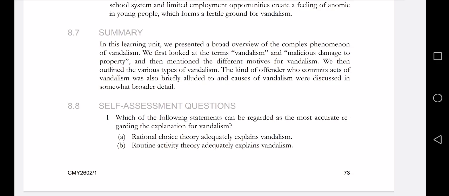Routine activity theory adequately explains vandalism. Intrapsychic theory adequately explains vandalism. No theory on its own adequately explains vandalism.